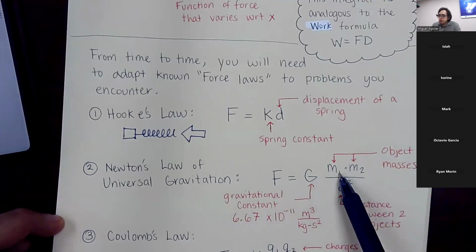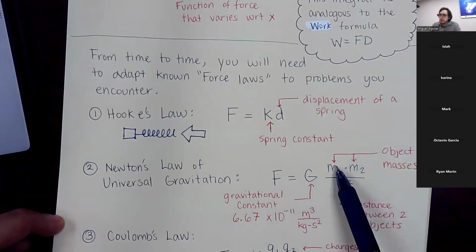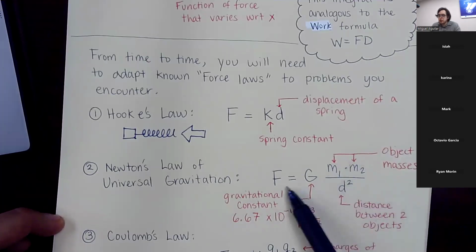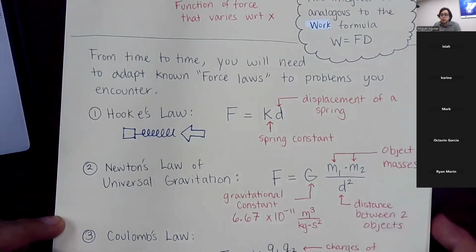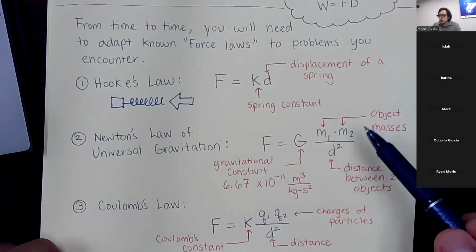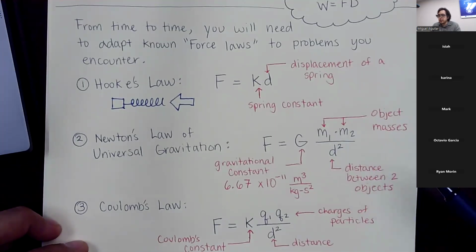But what you have in this formula is basically a constant times the two masses of the objects that you're talking about divided by their distance squared. Okay. So we can use this to calculate force if we needed to for a particular problem, or we'll use that as our function of force, where the distance might be measured in terms of x, right? So that would be a function of x.